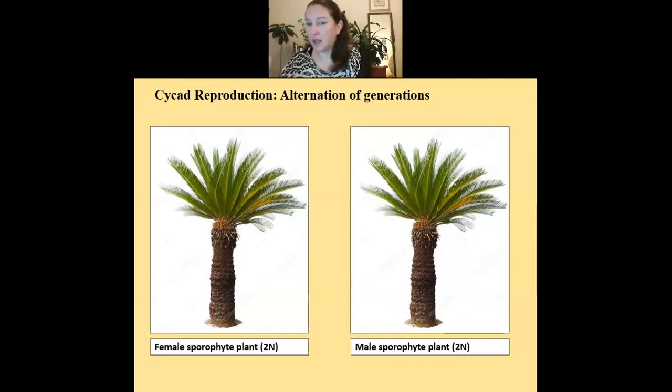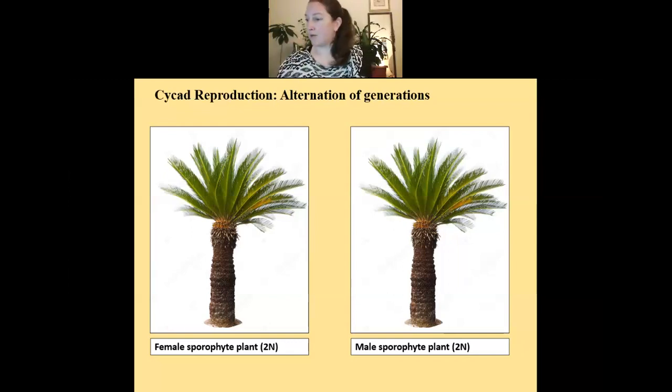There's some slight adjustments when we talk about ginkgo and some slight adjustments when we talk about conifers, but the basic strategy of alternation of generations in cycads is the basic process that occurs in all of the gymnosperms, right? Okay. So let's do it.